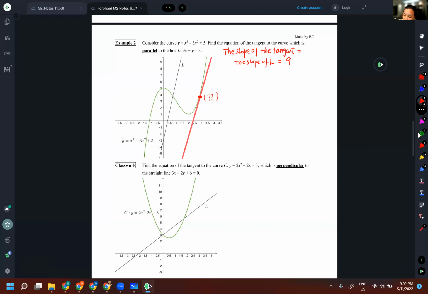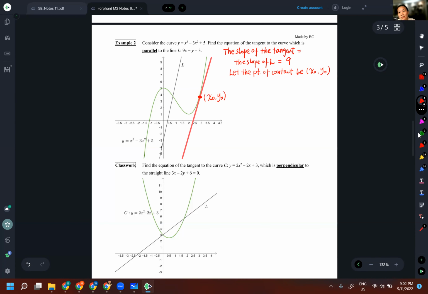And we need to assume the point of contact is X and Y. Now to avoid confusion, I'm going to use X0, Y0. Let the point of contact be X0, Y0.